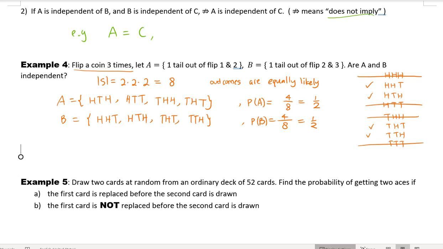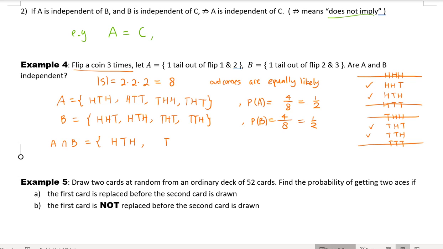Now, how about A and B? Let's say the first one is head. Because we need 1 tail out of flips 1 and 2, the second one must be tail. And because it is in B, 1 tail out of flips 2 and 3, the third one must be head.